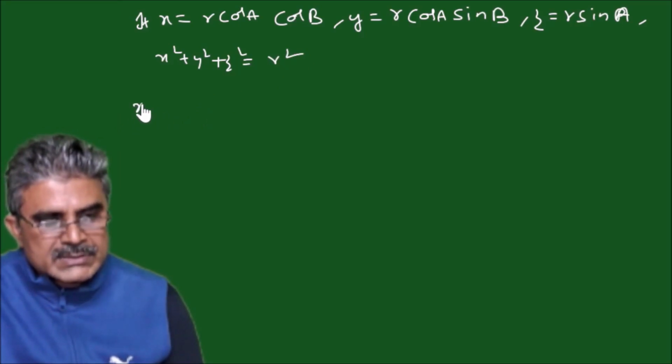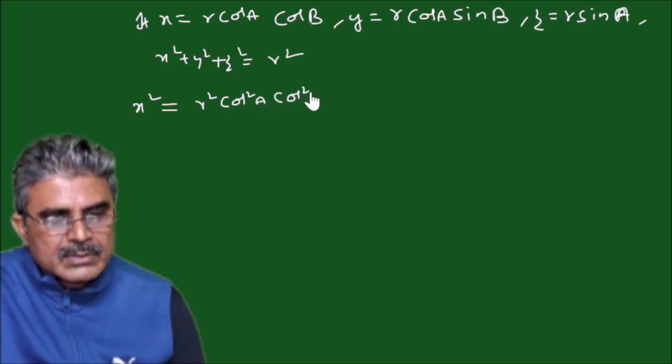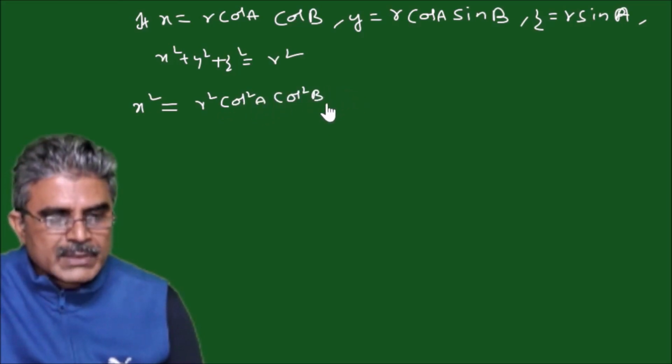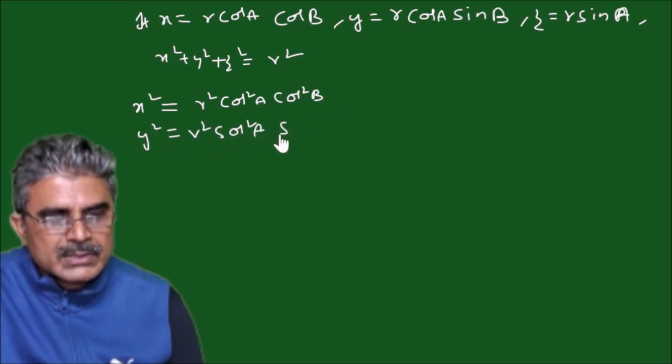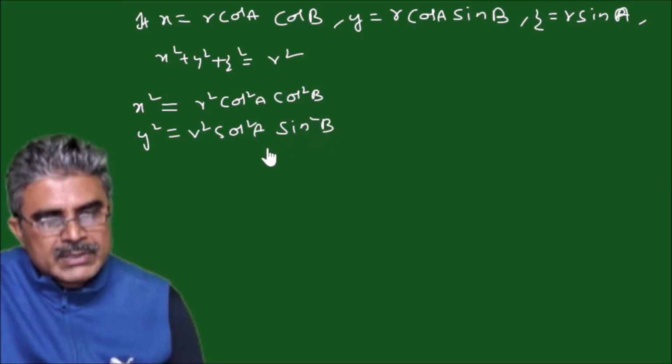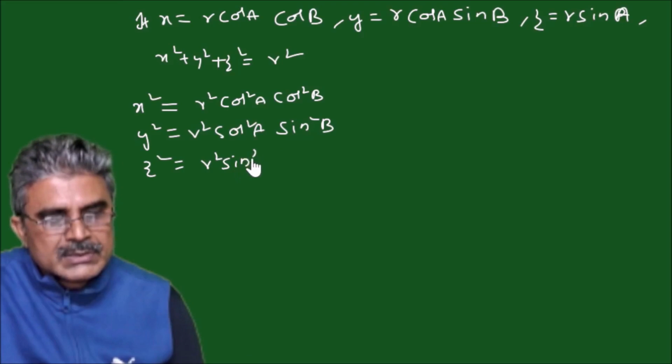So consider x square is equal to r square cos square a cos square b, and y square is equal to r square cos square a sin square b, and z square is equal to r square sin square a.